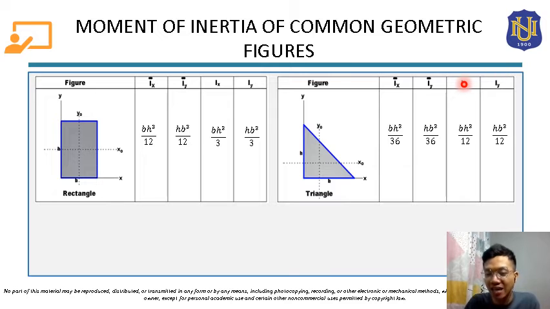Also for Ix, this is the moment of inertia measured from the x-axis. In this case, the x-axis is here. The value for that is bh cubed over 12. And for Iy, or the moment of inertia with respect to the y-axis, the y-axis is located here. The value for that will be hb cubed over 12.